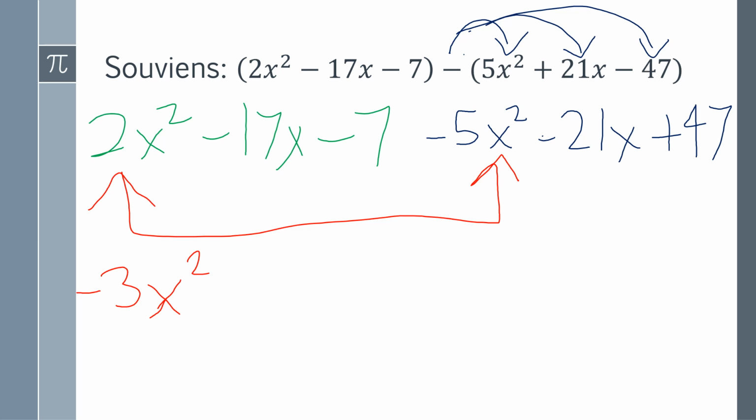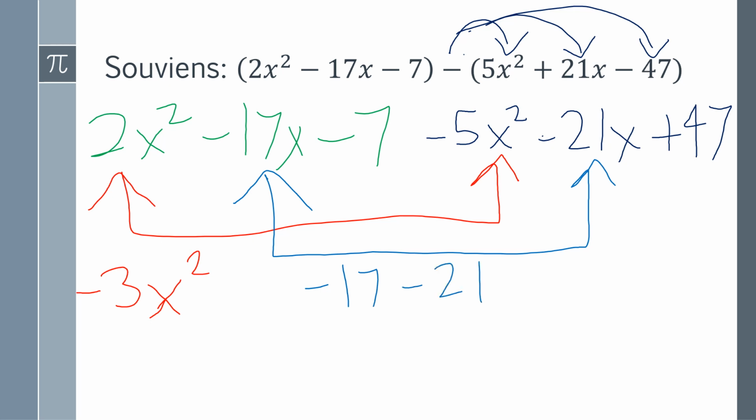So what about here? Negative 17x minus 21x. Let me ask you this question: are the negative signs touching each other? They're not touching each other. So that means because they're not touching each other, it's still going to be a negative answer.